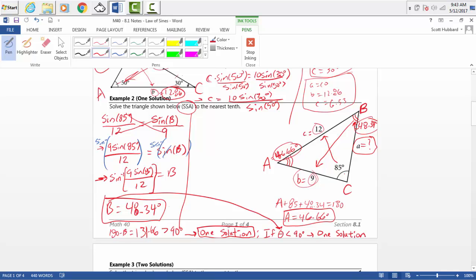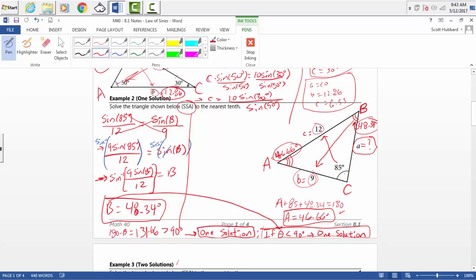The angle we found was less than 90 degrees, and so that only gives us one solution. You might want to write that in a box. That's the way you tell if there's only one solution. We're going to do a case where there's two solutions down here, and we'll see what happens.